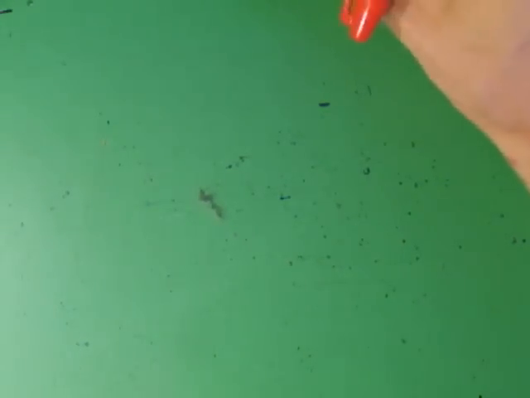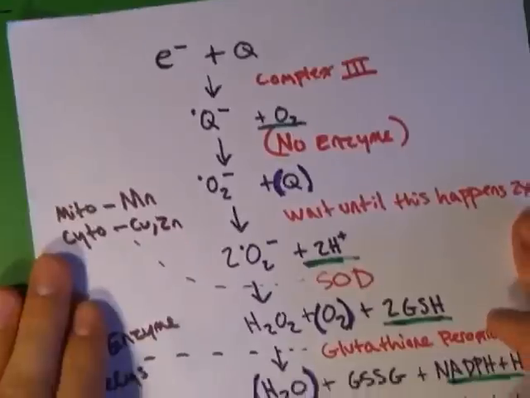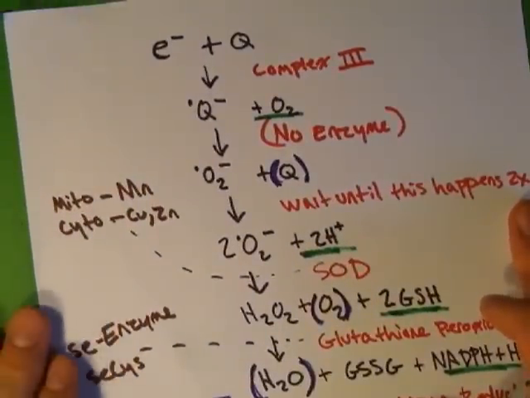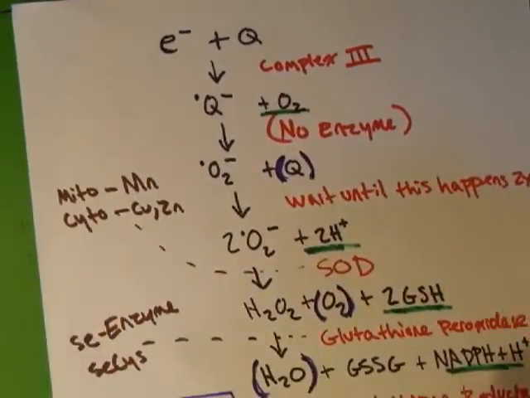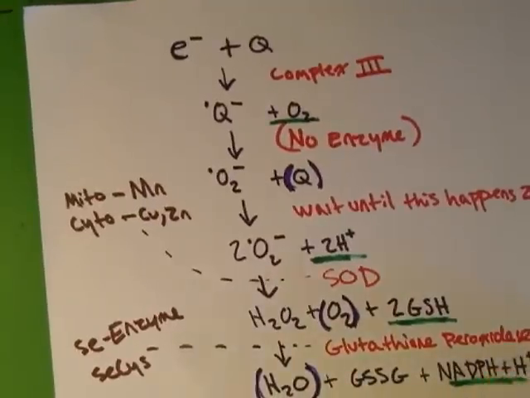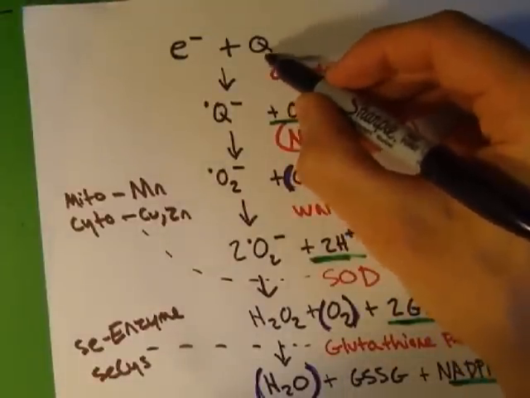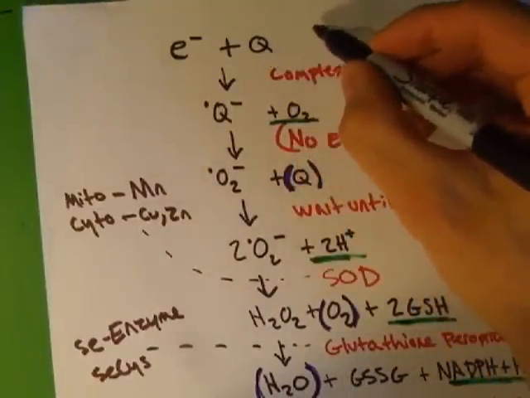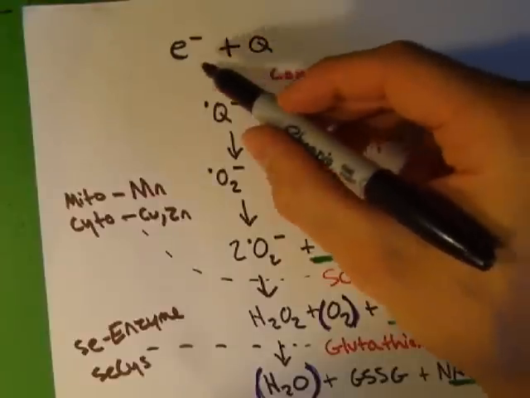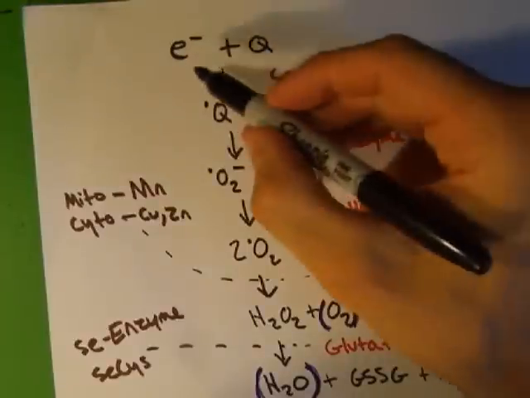Speaking of lots of memorizing, this is the partial reduction. Basically what's happening here is in the electron transport chain, when you have Q, instead of Q getting both hydrogens, sometimes it picks up just an electron.